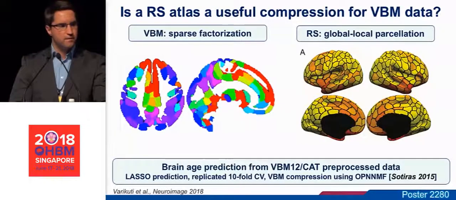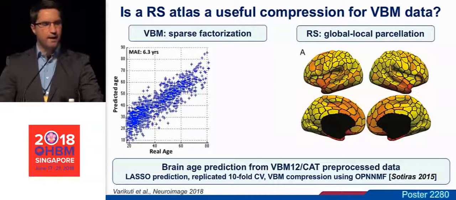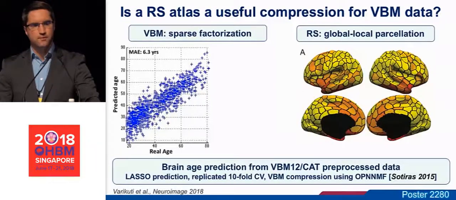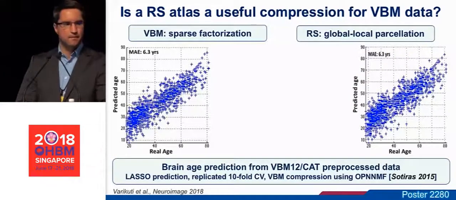Now, what do we get in terms of age prediction accuracy? For the VBM compression, we get an accuracy of about 6 years. And when we use the resting state atlas, again, it's basically identical.